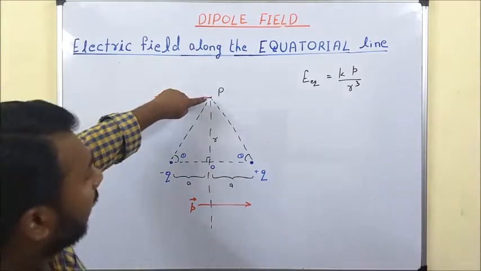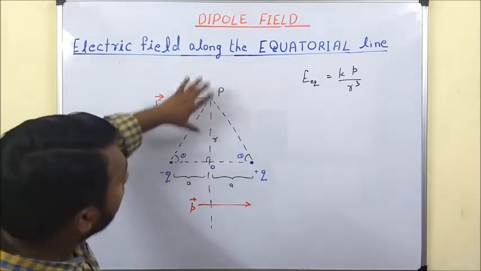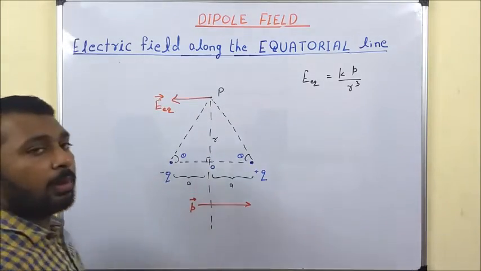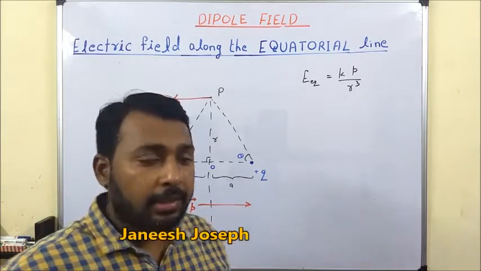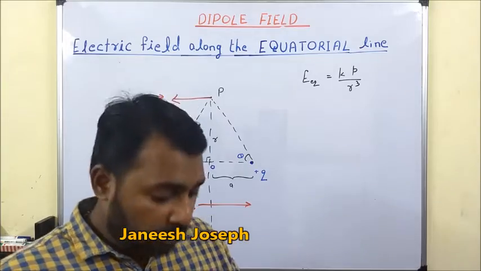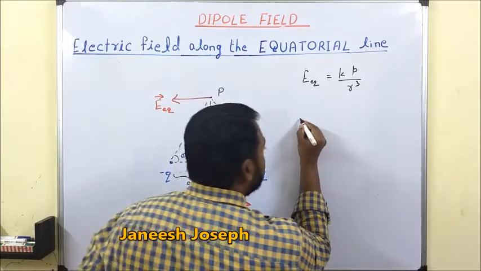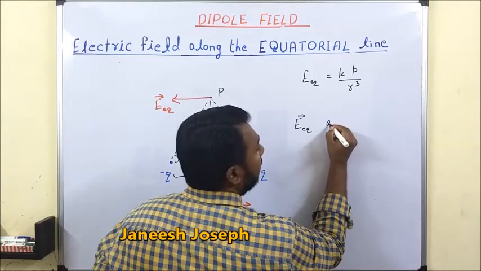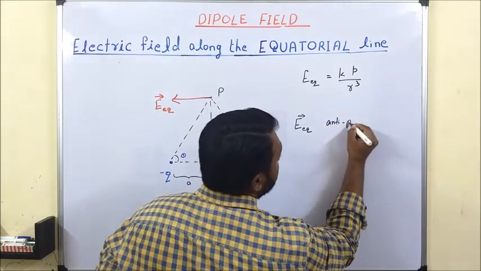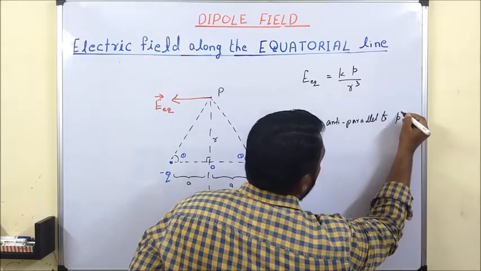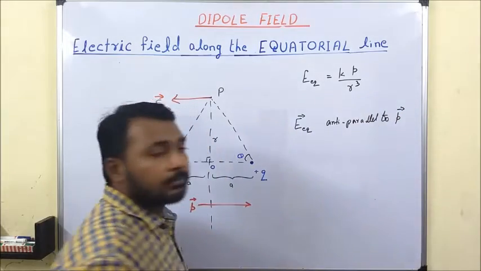Not only for any point above the dipole, even if you consider any point below the dipole, remember the net electric field and the dipole moment will always be anti-parallel. So hence you can conclude that E equatorial is always anti-parallel to the dipole moment P. Okay.